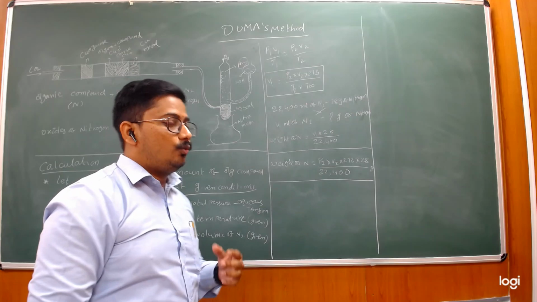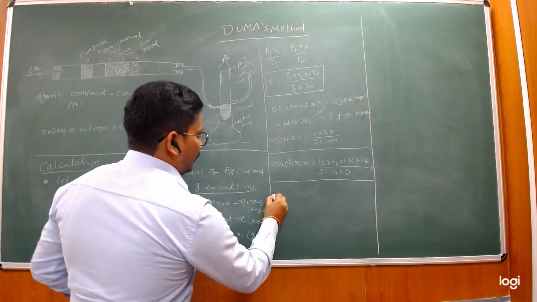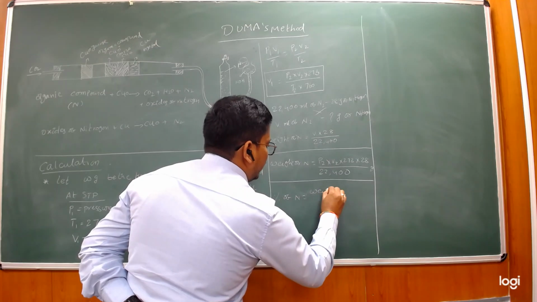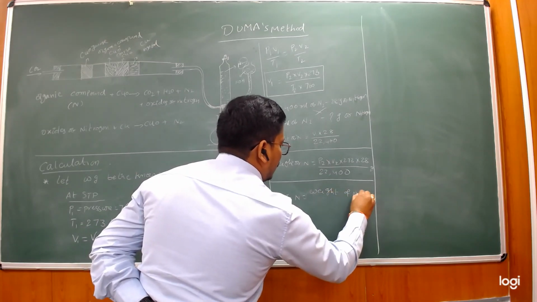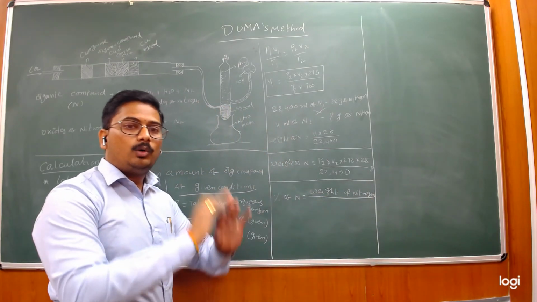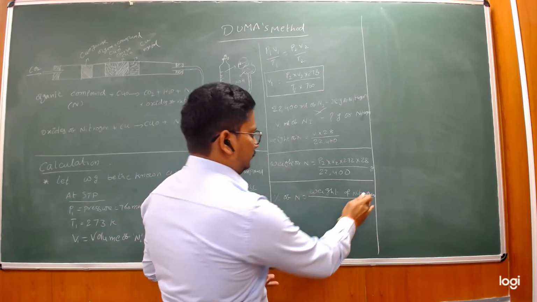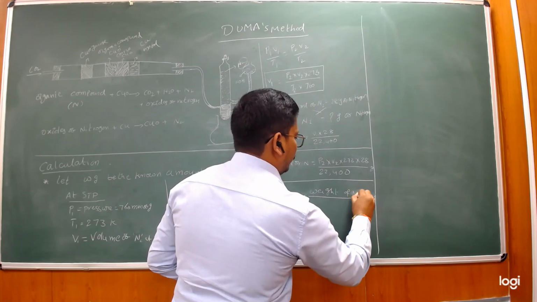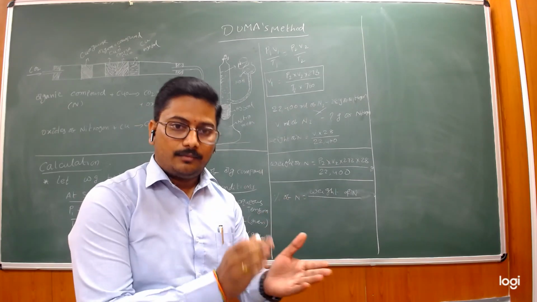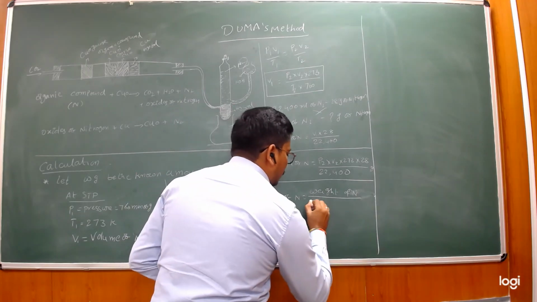But we have to find out the percentage of nitrogen. Okay, so percentage of nitrogen is equal to weight of nitrogen divided by total weight of the organic compound into 100, because percentage in the sense we have to find out the overall weight.